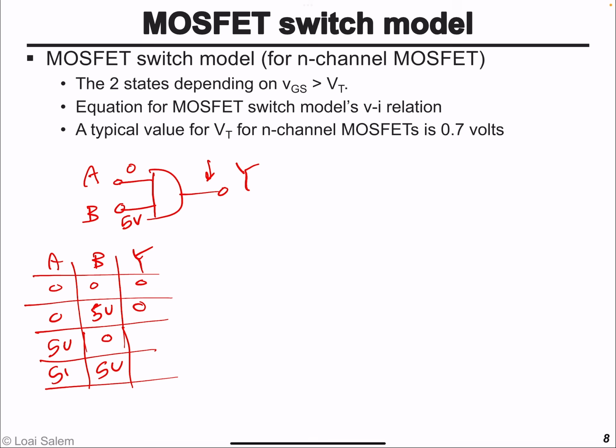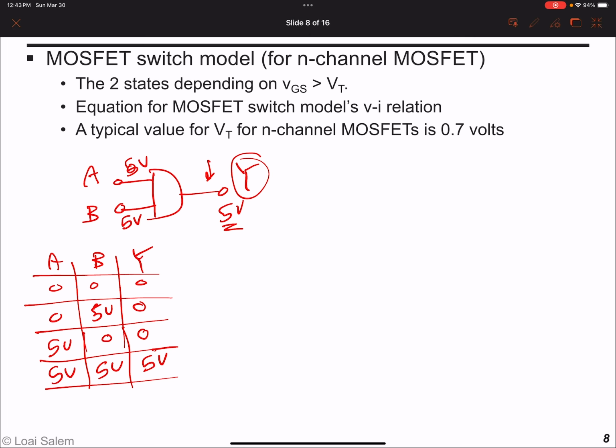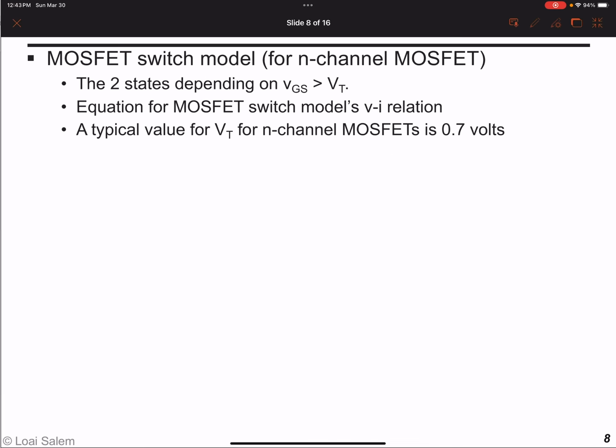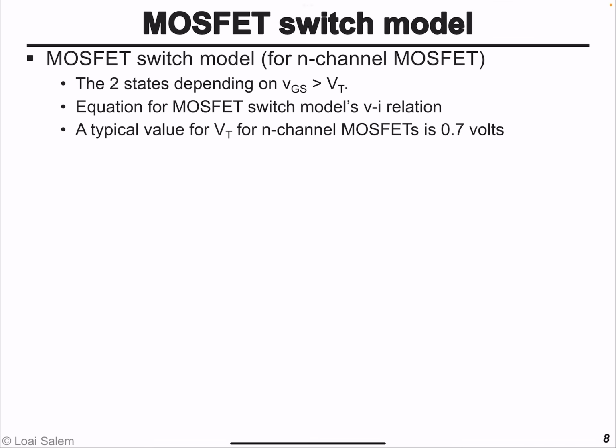And the only time you'll find the gate is going to produce 5 volt is if both inputs are 5 volt. Now, as I mentioned, a transistor is basically what? A switch.